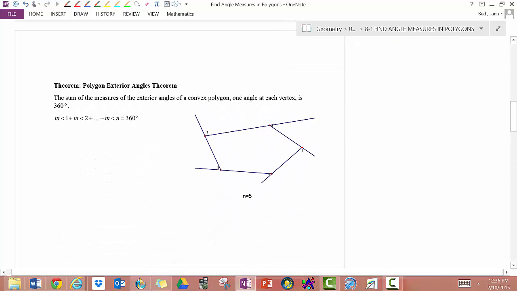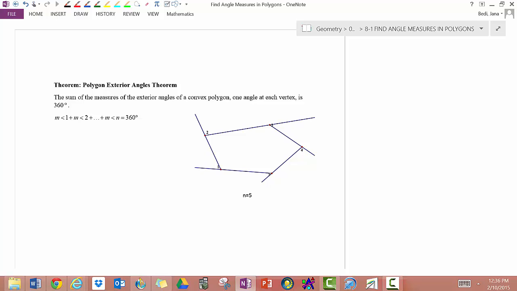Exterior angles theorem. At each vertex of a polygon, you can create 2 exterior angles, but what we'll deal with is one exterior angle at each vertex. So 1, 2, 3, 4, 5.